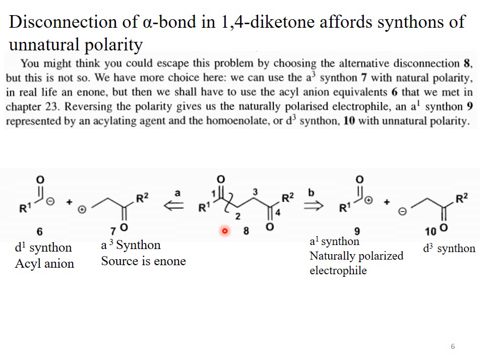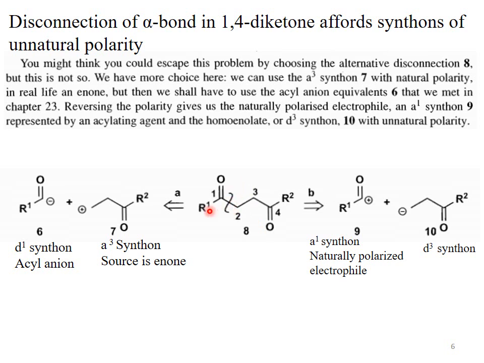When the alpha bond in 1,4-diketone is disconnected, then we again obtain two fragments. One fragment will possess natural polarity and the other fragment will have unnatural polarity. You might think you could escape this problem by choosing the alternative disconnections, the disconnection of compound number 8.